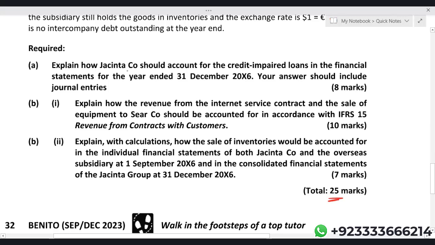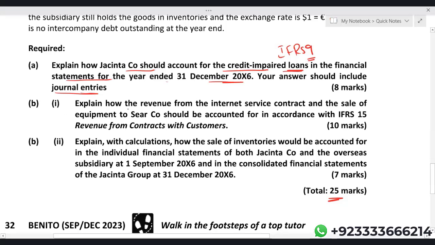Explain how Jacinta Company should account for the credit impaired loans in the financial statements for the year ended 31st December X6. Credit impaired loan means obviously we are talking about IFRS 9 and impairment accounting. Your answers should include journal entries. So you also have to prepare the journal entries, 8 marks.